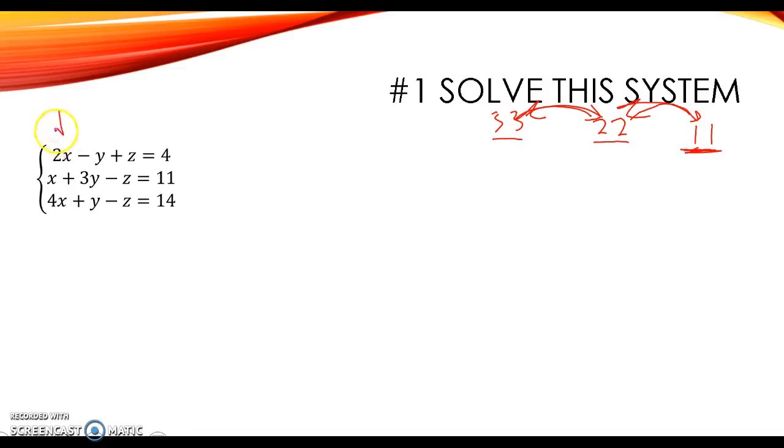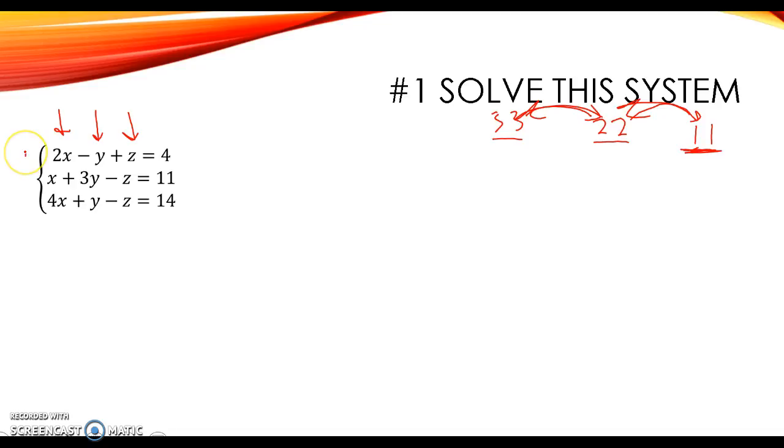So one of the things we want to do first is look at these three equations and make a decision on what is going to be the easiest variable to eliminate twice, either the x's, the y's, or the z's. It looks to me like the z's are going to be the easiest to eliminate because I won't have to multiply the equations by anything.